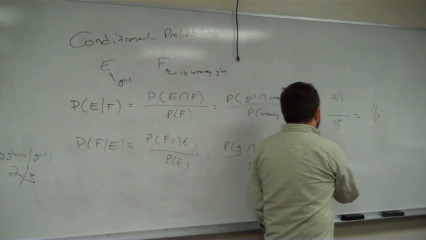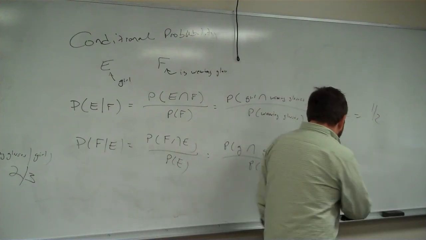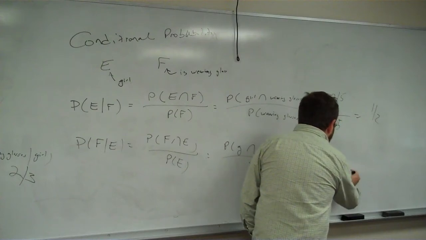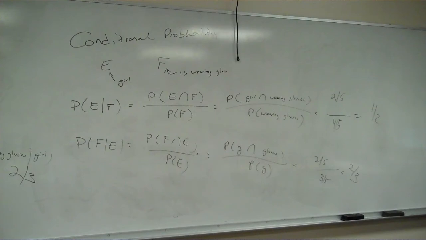And so that would be 2/5, we already counted that one, divided by the probability the person is a girl, that's 3 out of 5. And if you do the math, that works out to 2/3. So it works. Okay.